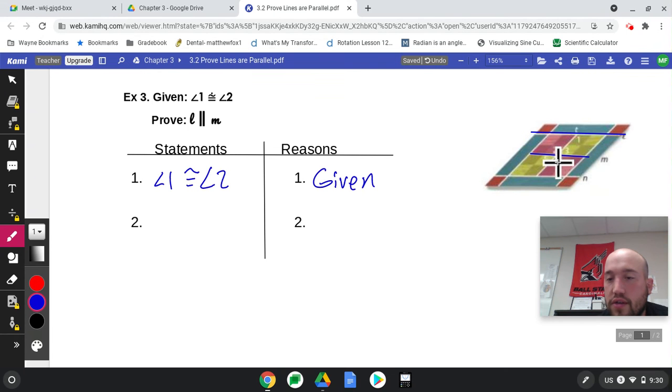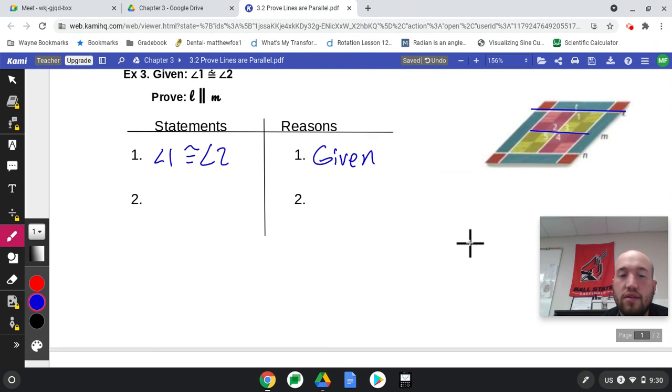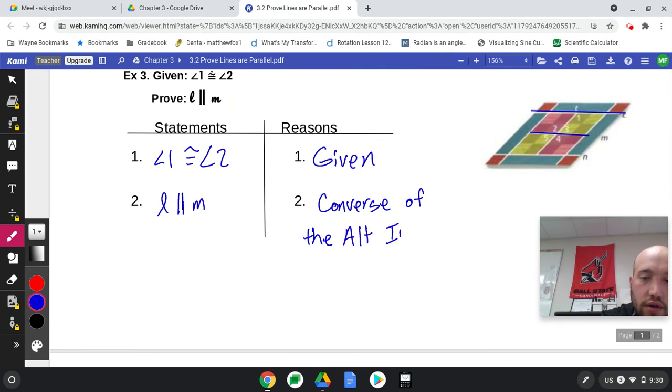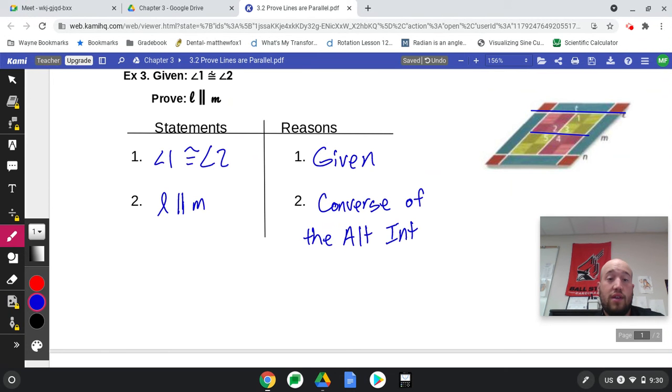So 1 and 2, if they are congruent, they are alternate interior. So L is parallel to M, and that's by the converse of the alternate interior. Okay, and that's all there is to that proof.